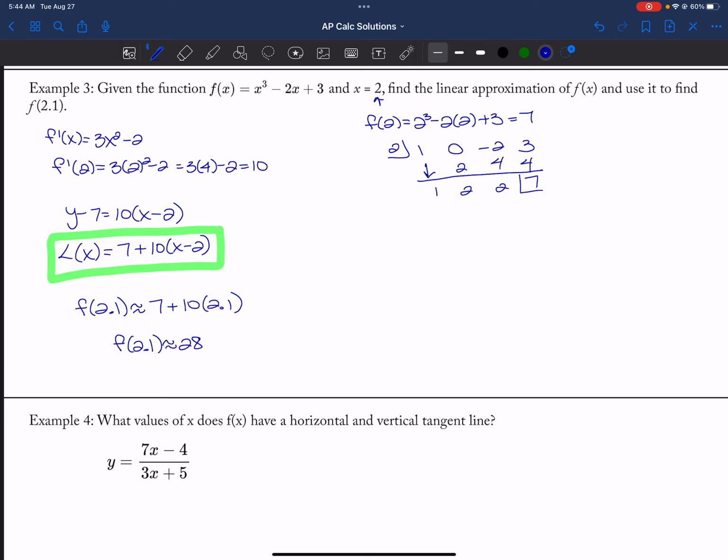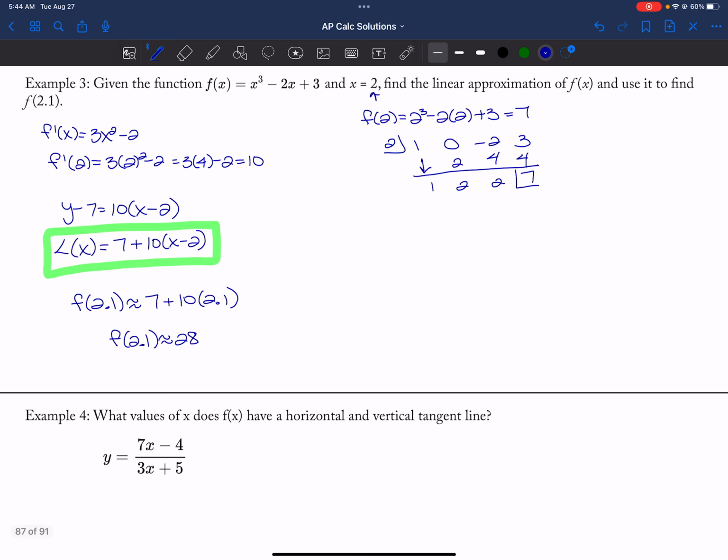And if I were to do this by plugging it in, I would have gotten, let's see, wait, hold on. I made an arithmetic mistake. This is not 2.1. I keep pausing because it looked funny.